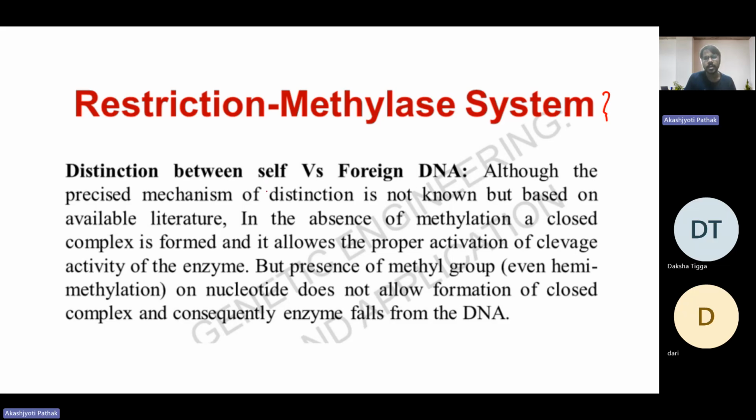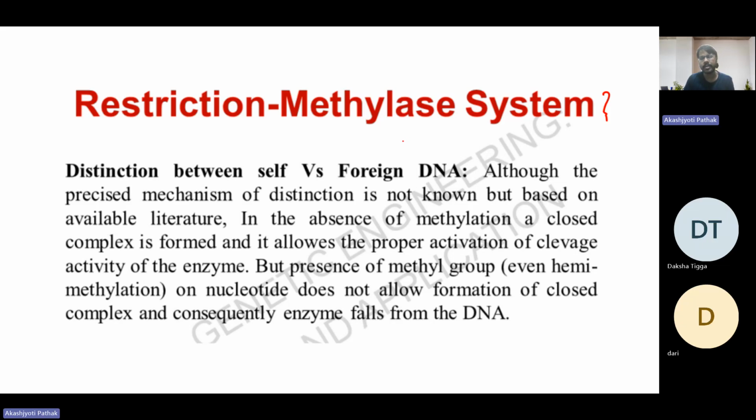But there are some studies which suggest that in the absence of methylation, a closed complex is formed, and it allows the proper activation of the cleavage activity of the enzyme. But the presence of a methyl group on a nucleotide does not allow formation of the closed complex, and consequently the enzyme falls off the DNA.